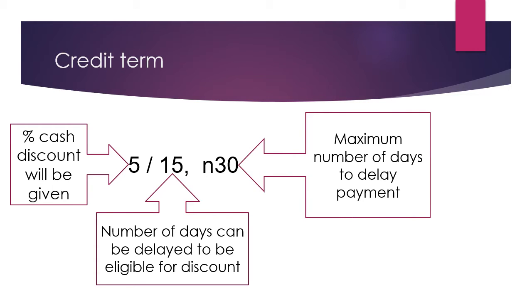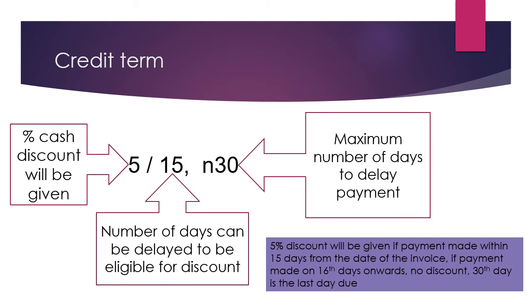The last number is N30 or net 30. That is the maximum number of days that you can delay payment for that particular invoice. It means that if you are unable to pay after 30 days of the invoice, you can be charged a penalty or some other things because you have over-delayed the payment.